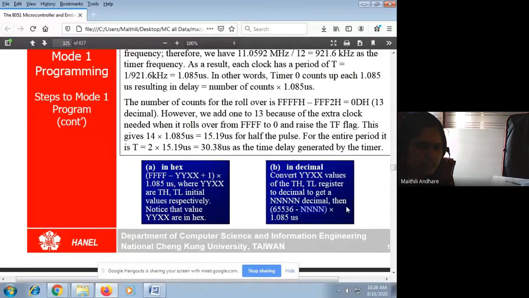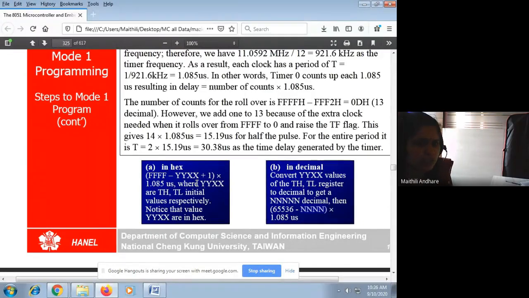So what are these two? If you want to calculate the delay generation, the first is in hex and the second is in decimal. If you want it in decimal, you follow this formula; if you want it in hex, you follow that formula. After the hex calculation, whatever value you get, you again convert to decimal for the final calculation.